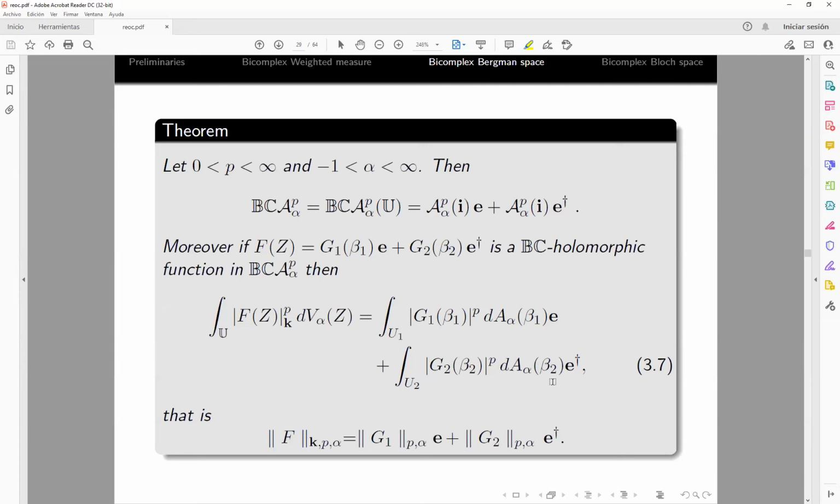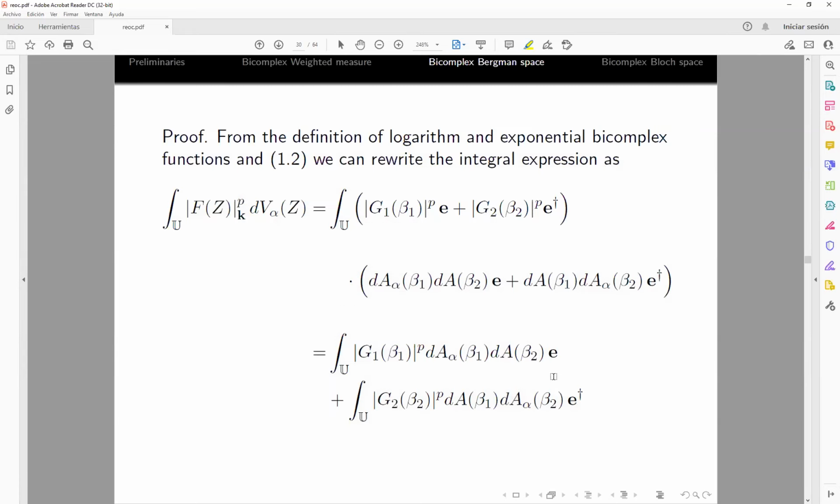Okay, the proof is very easy because we know exactly the measure that we are using. Then we make this multiplication.